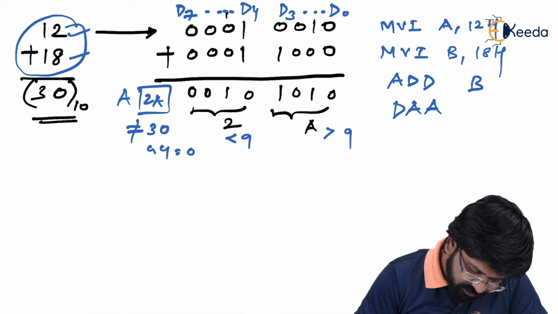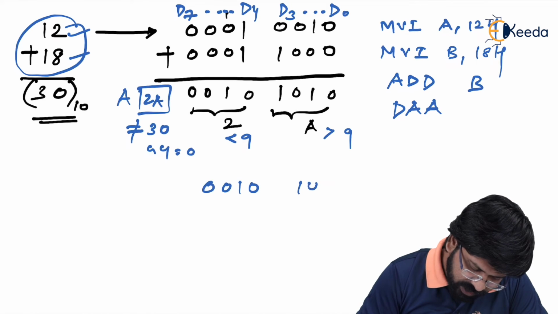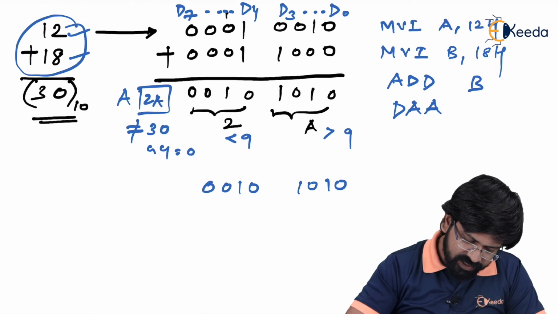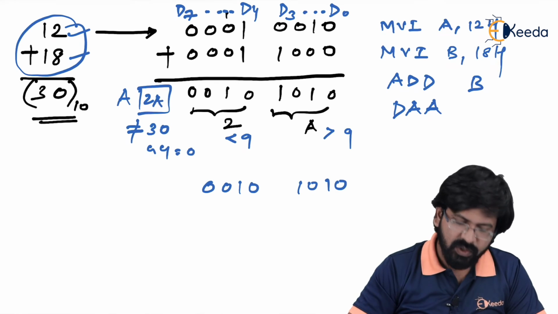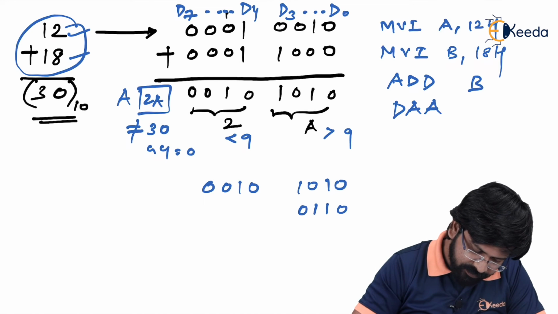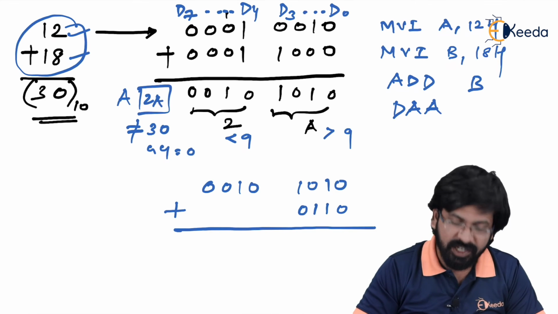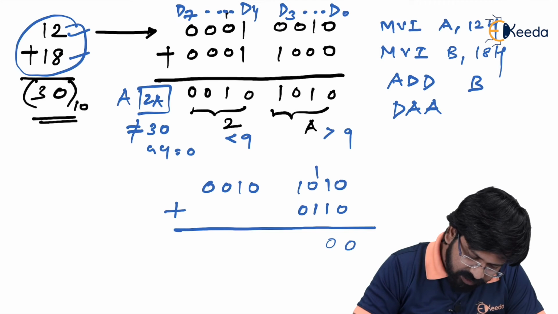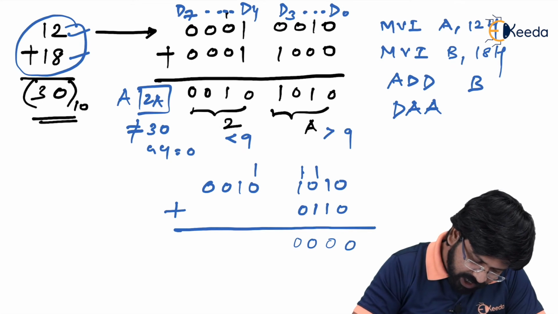So I'll just copy the final result here. 0010 and 1010 is the result that we have a problem with. In this final result, we are going to add 6 only to D0 to D3 according to our algorithm. Now let's see what the result is and whether it gets corrected or not. 0 plus 0 is 0, 1 plus 1 is 0 carry 1, 1 plus 1 sum 0 carry 1, 1 plus 1 sum 0 carry 1.